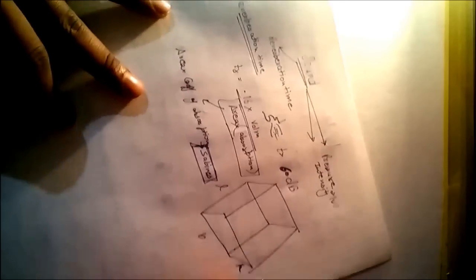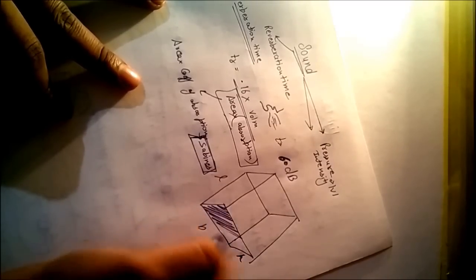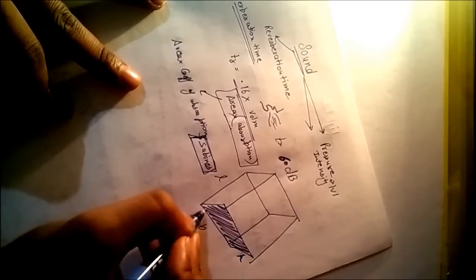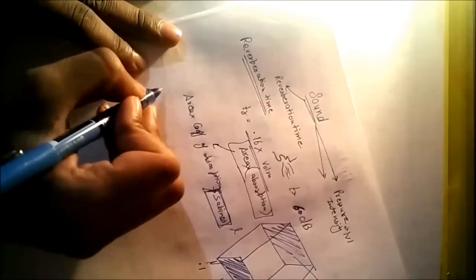Now let's suppose this wall has a coefficient of absorption 0.1, and you can take any other wall as 0.2 and so on.